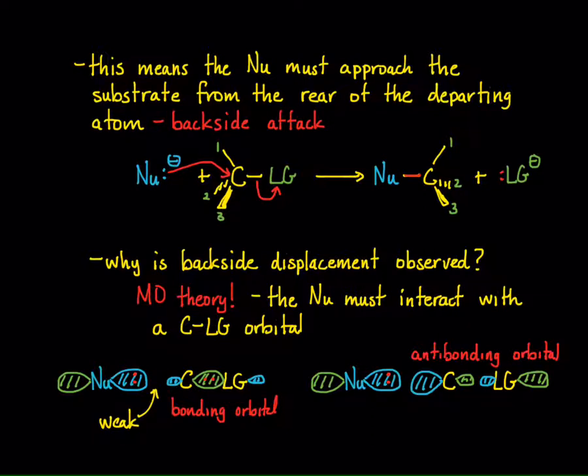Now you see that for the antibonding orbital to interact with the orbital of the nucleophile, you have excellent possible overlap. And that's exactly what happens. So the nucleophile is interacting with the antibonding orbital, sigma star, of that carbon leaving group, just like we've seen many times before.